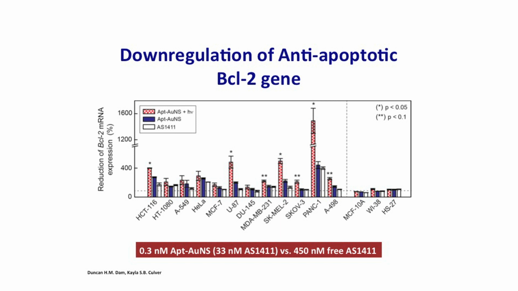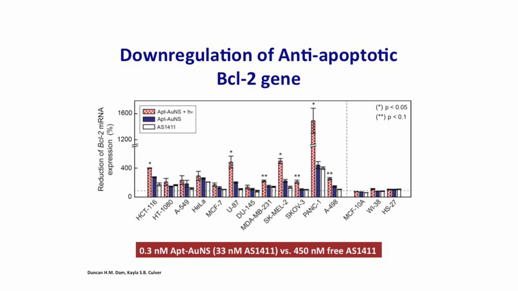The first thing we were interested in testing is that the reason AS1411 works is because it's competing with the stabilization of nucleolin with its anti-apoptotic gene, Bcl-2. If we can destabilize the interaction between nucleolin and Bcl-2, by using AS1411 to bind to nucleolin, then you're going to get cell death.